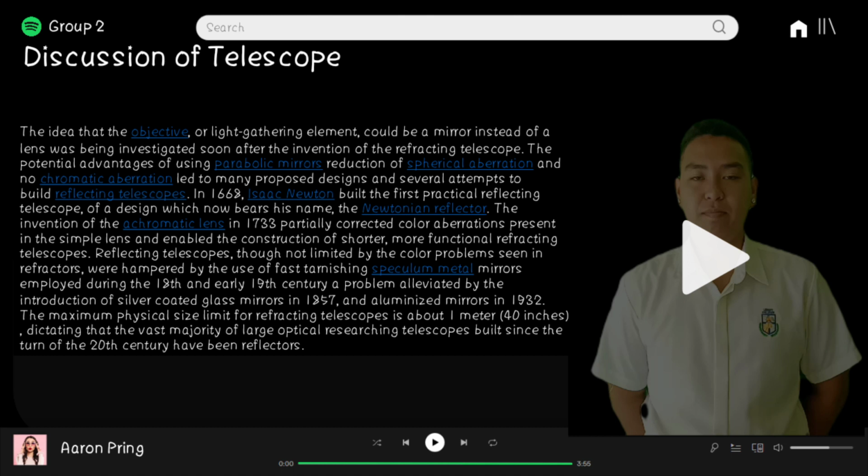The maximum practical limit for the refracting telescope is about 1 meter, or 40 inches, meaning that the vast majority of the largest optical research telescopes built since the turn of the 20th century have been reflectors.